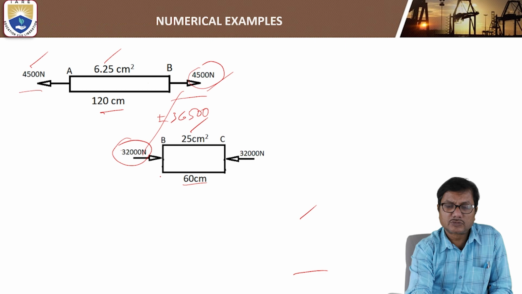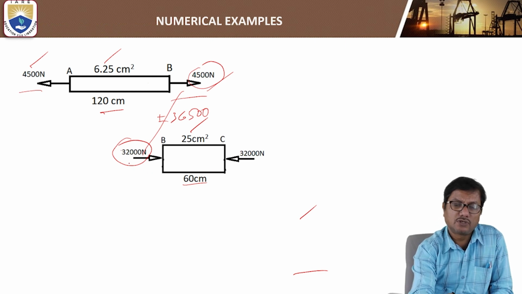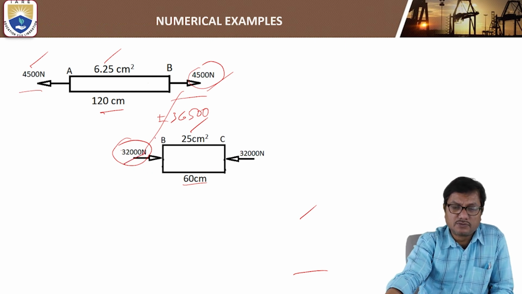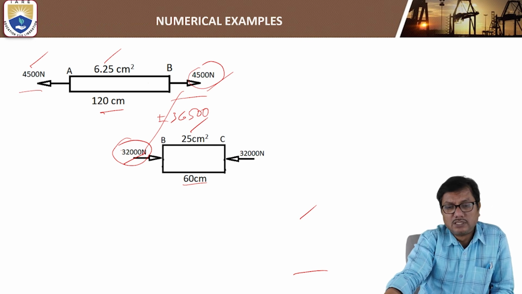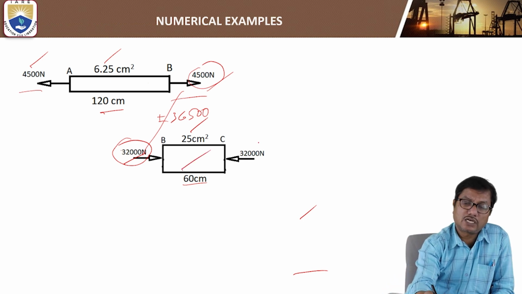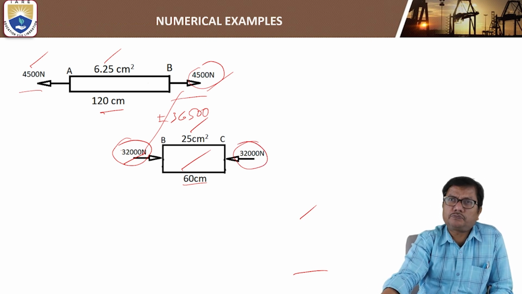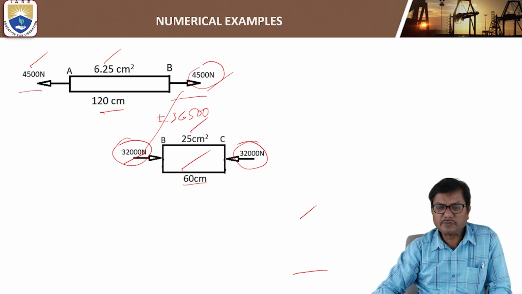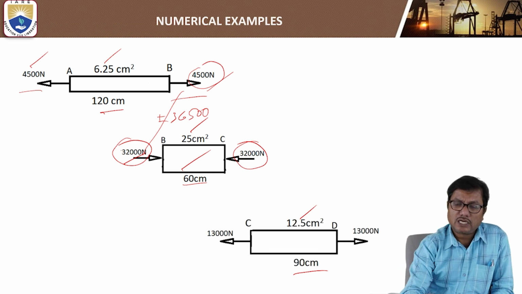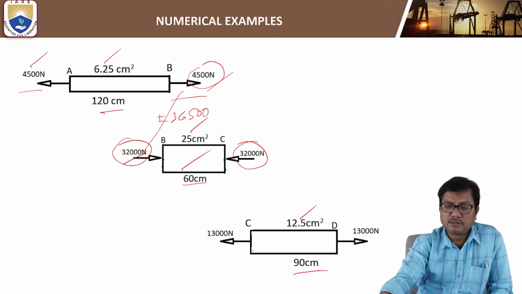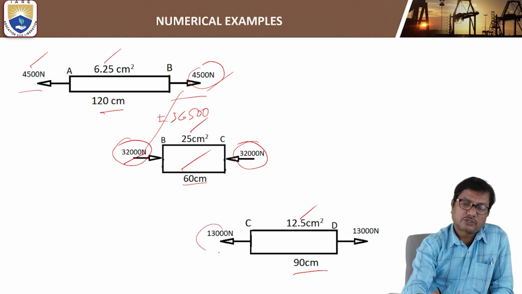Now on portion BC, you have a force of 32,000 at B acting to the right. So for equilibrium, you must have a force of 32,000 newtons at C also acting to the left. Next, for portion CD at C, what should be the force?